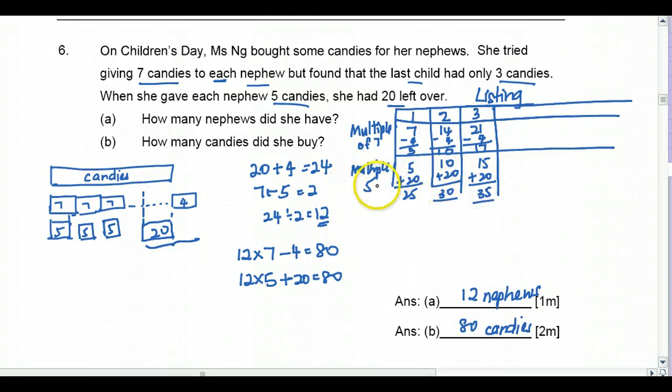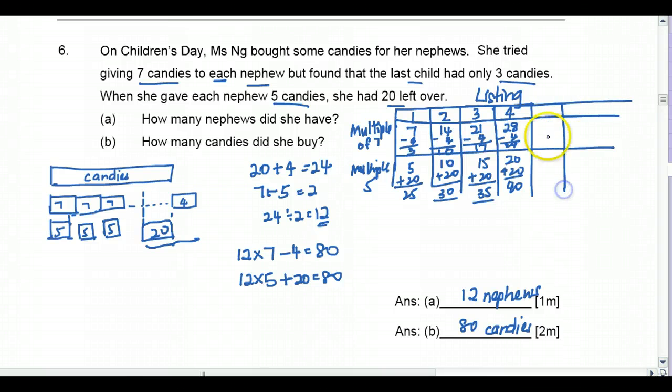You realize that for my multiples of 5, I must add 20 because I have 20 left over, whereas for my multiples of 7, I must minus 4 because she only had 3 and needs 4 more. Now 4 nephews: 7 times 4 is 28, minus 4 is 24. 5 times 4 is 20, plus 20, I have 40.